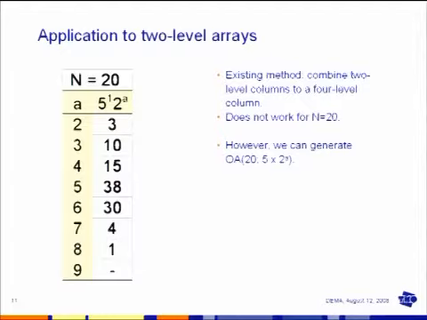But it is not possible to take 2 factors of the original design and combine them to a four-level factor, and then have 4 blocks of size 5. Well, it is possible, of course, but it is not possible to obtain then an orthogonal blocking arrangement.